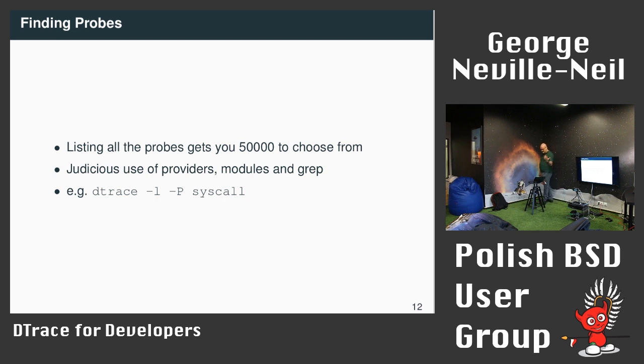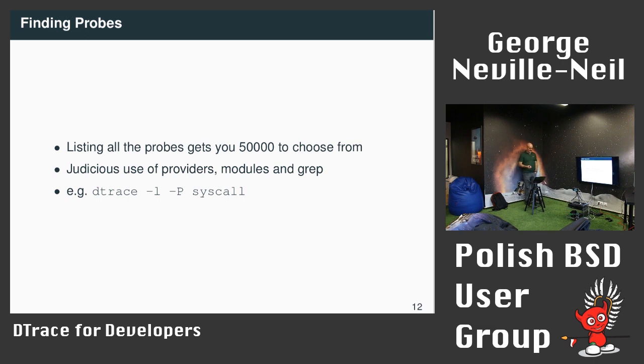You can do various things with -P means use the provider. You can say look at the module with -m, but dtrace -l will list. If you say dtrace -l like on your Mac, I've discovered for some reason it executes forever. I haven't figured out what's wrong, but I'm going to go talk to the Apple OS developers and find out why.